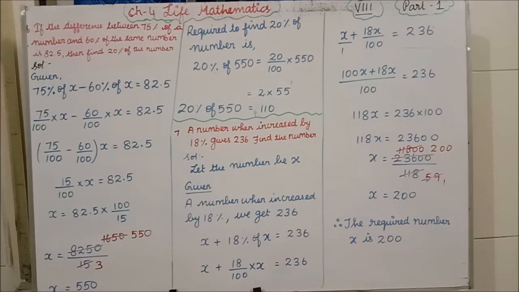So 75 minus 60, if we subtract, what will we get? The denominators are the same, so we need no LCM and no cross multiplication. Straightly we can subtract the numerators. 75 minus 60 is 15, so 15 divided by 100 into x equal to 82.5.